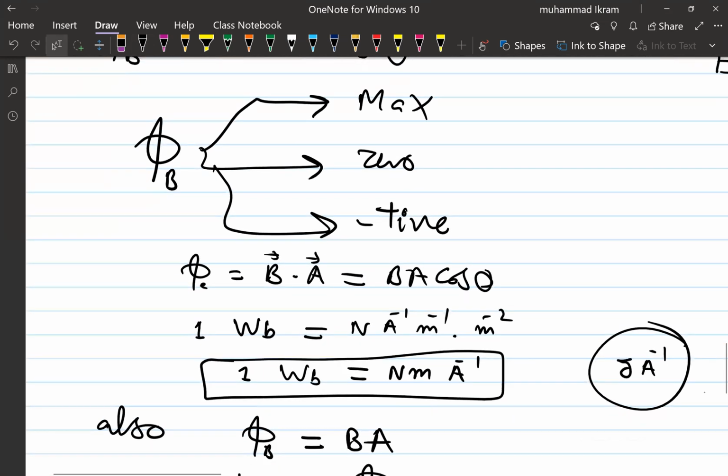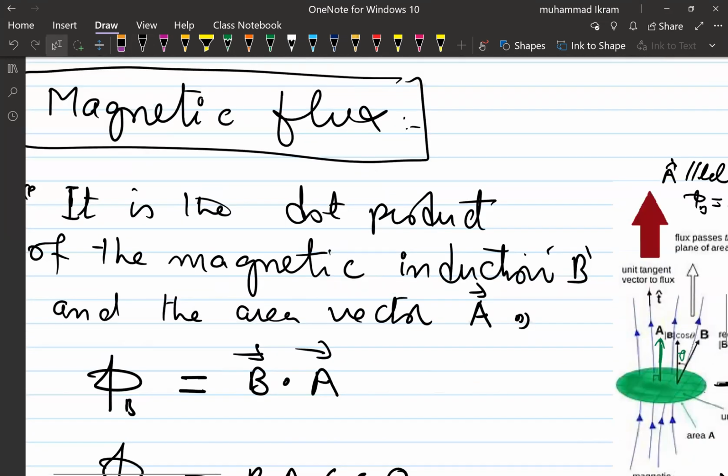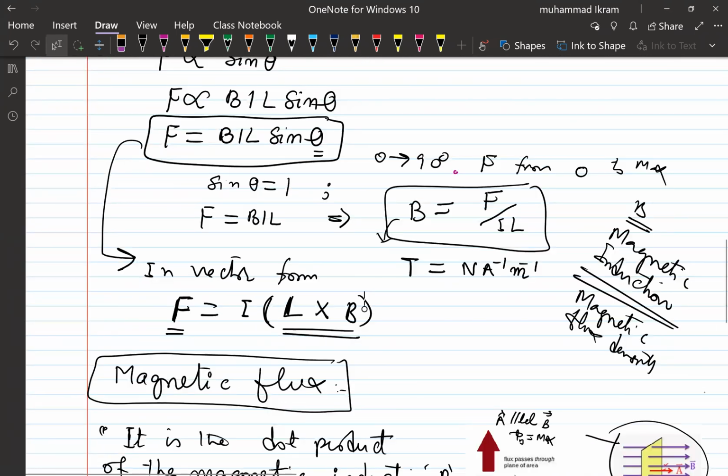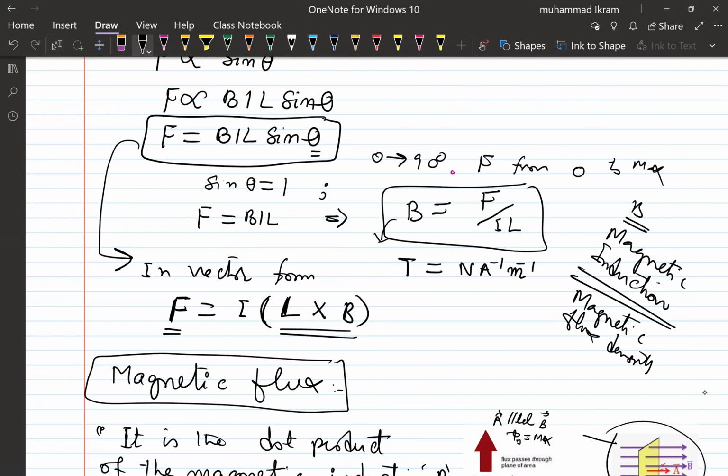One is Tesla for B, which I wrote here. Besides this, there is another unit which we call gauss. 1 gauss equals 10 to the power minus 4 Tesla, or 1 Tesla is 10 raised to the power 4 gauss.